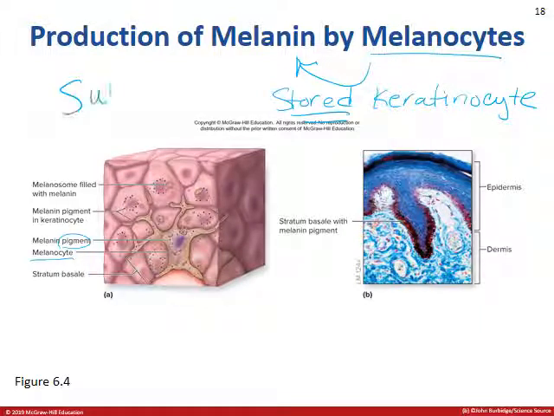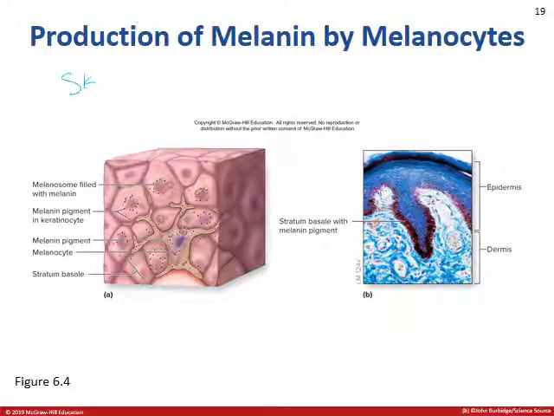So basically, if you have the sun shining this direction on this patch of skin, the melanocytes are going to produce melanin and they're going to release melanin granules, and then those melanin granules are going to be picked up by the keratinocytes, and they form kind of this umbrella barrier around the nucleus, the DNA of those keratinocytes. They're trying to stop the ultraviolet light from the sun from damaging the keratinocytes.